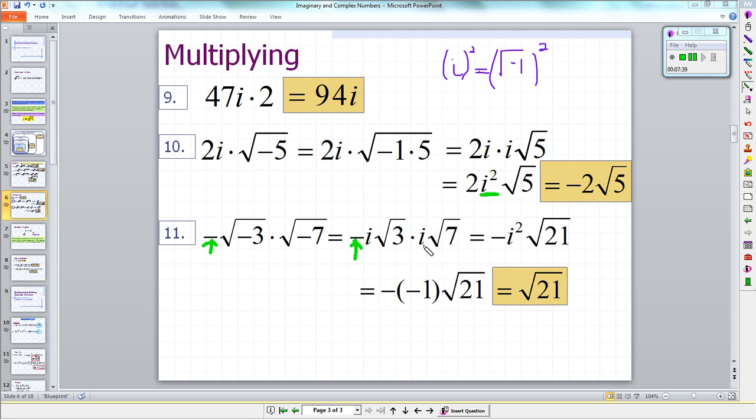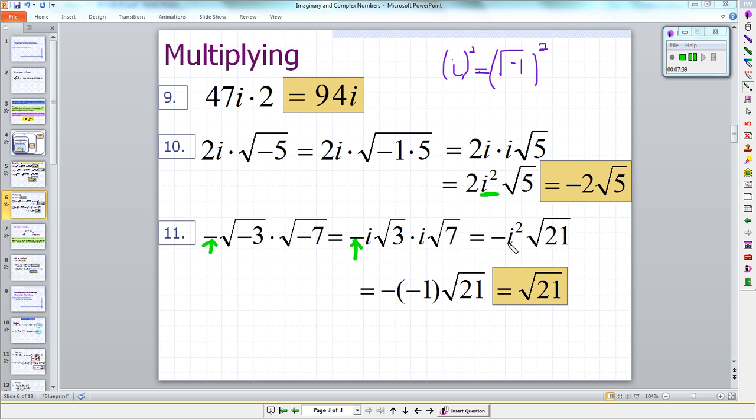The next step is that we multiply i with i, so we end up with negative i squared, and then we multiply the square root of 3 and the square root of 7. When we multiply two square roots, we can multiply the numbers under the square root, so 3 times 7 is 21. So we have the square root of 21.